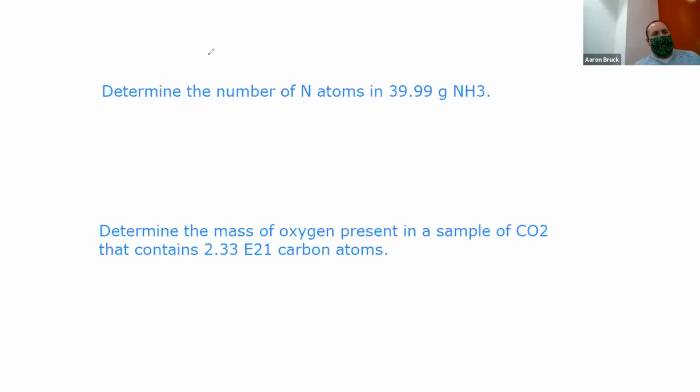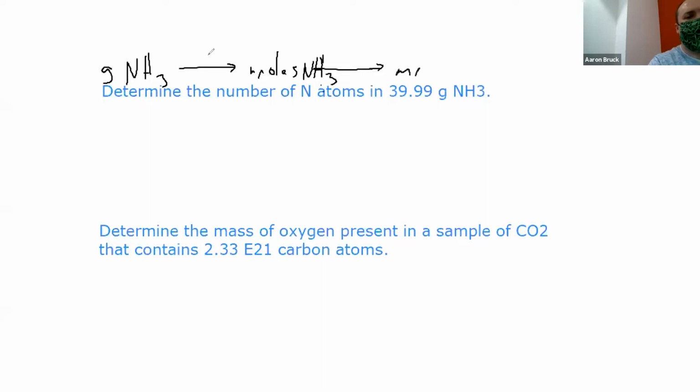So the attack strategy for the first one: I've got to take that grams of ammonia and turn it into moles. And then that's moles of ammonia. And then I'm going to take those moles of ammonia and turn them into moles of nitrogen.